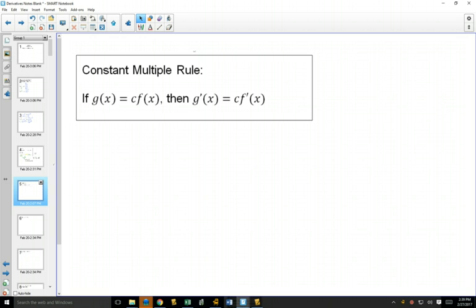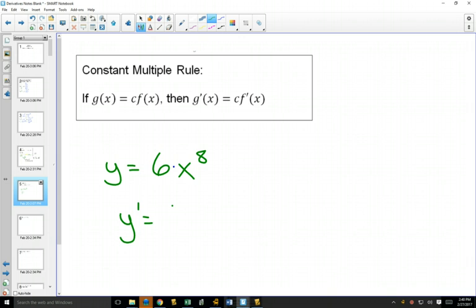So what they're trying to say in this constant multiple rule is if my function looks like this, y equals 6x to the 8, well, my 6 in front is a multiple. So when I'm figuring out my derivative, I can keep that 6 there and just do the derivative of x to the 8.